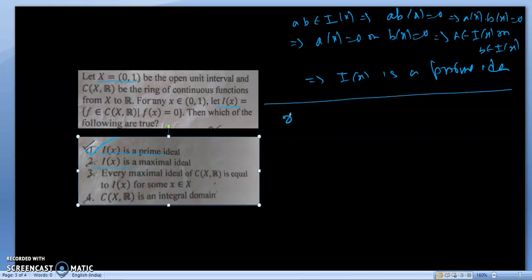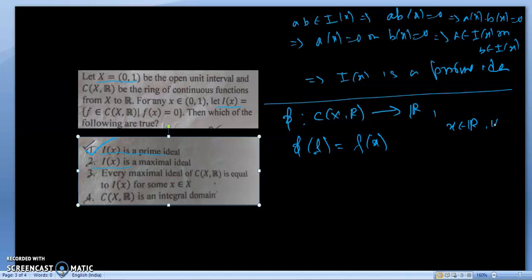Let's construct a function phi from C(X) to R such that phi(f) equals f(x), where x belongs to X is fixed. If you take any function, the value of phi is f(x).